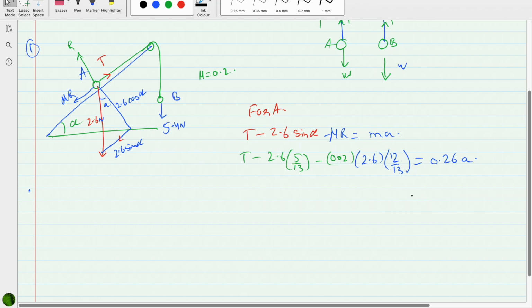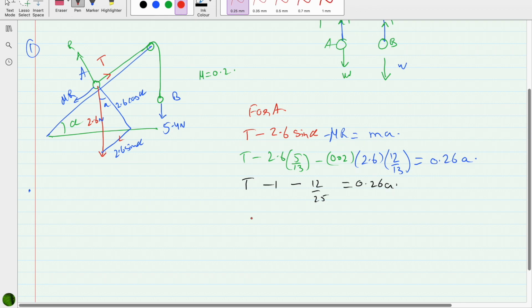I'm simplifying the equation. T, now 2.6 into 5 divided by 13 gives me 1. Minus 1 minus 0.2 into 2.6 into 12 divided by 13 gives me 12/25 is equal to 0.26a.